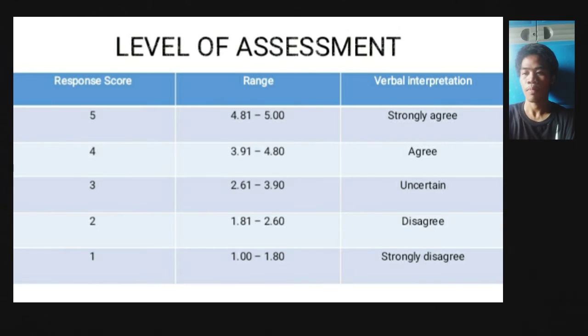For response score, the range is 2.61 to 3.90, which is uncertain. And next, number 2, the range is 1.81 to 2.60, which is disagree. And last but not the least, number 1, the range is 1 to 1.80, and the verbal interpretation is strongly disagree. Okay, next slide.